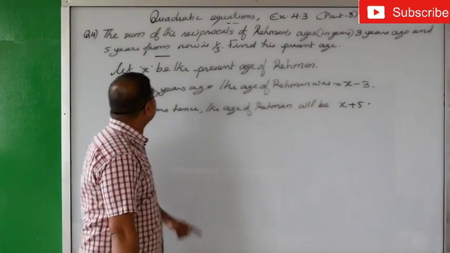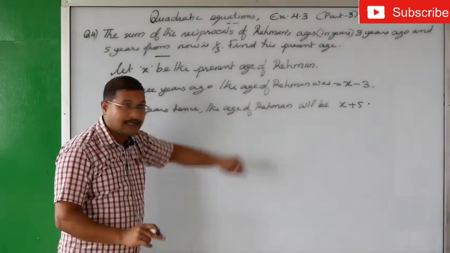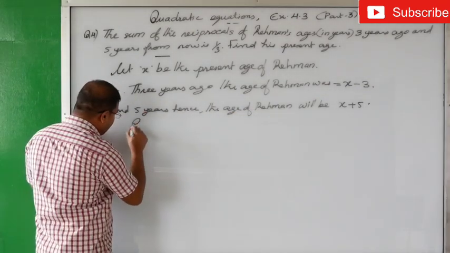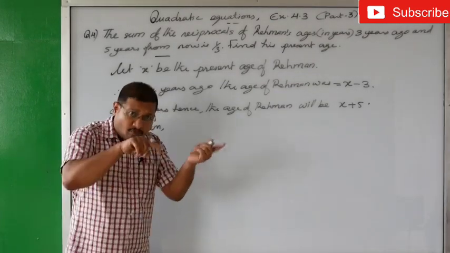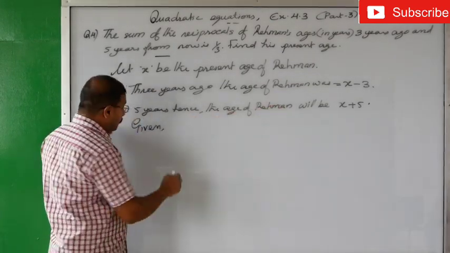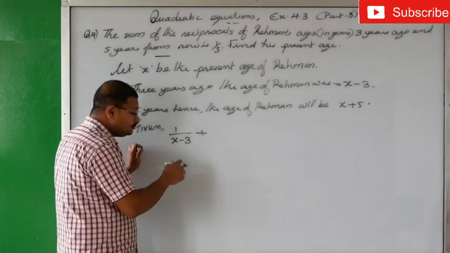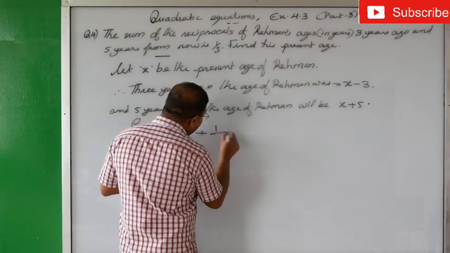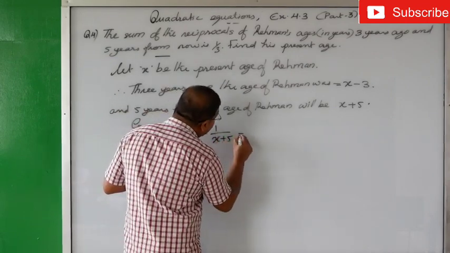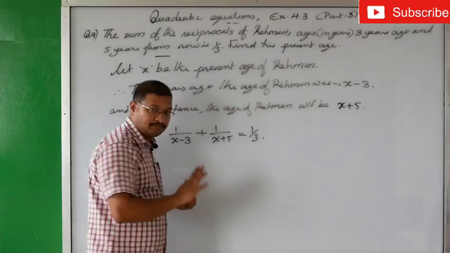Now what is given in the question? The sum of their reciprocals, this condition, isn't it? Reciprocal means 1 by. So what will you write? 1 by x minus 3 plus 1 by x plus 5 equals, already given in the question, 1 by 3. Alright. Ready?